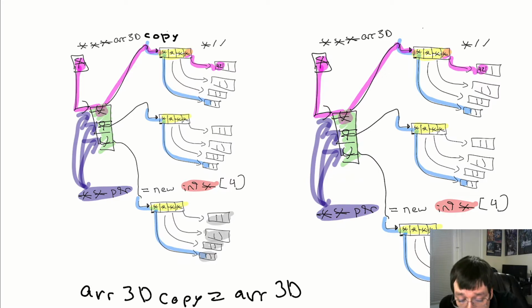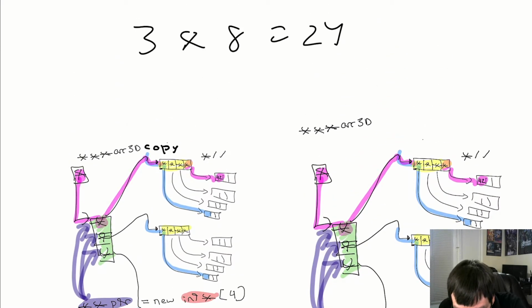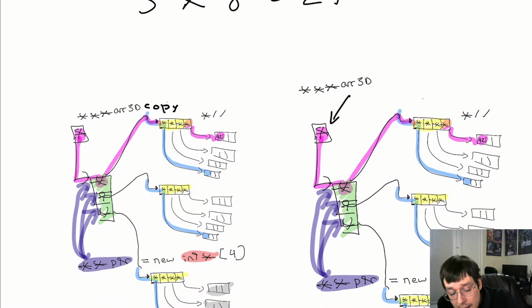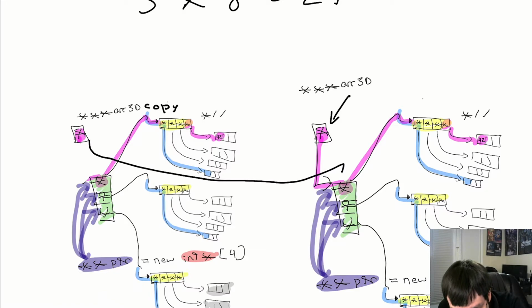So AR3D here is literally just this right there. I'm saying, take that and copy that value over into AR3D copy. So now, rather than pointing to the first entry there, I'm pointing here.